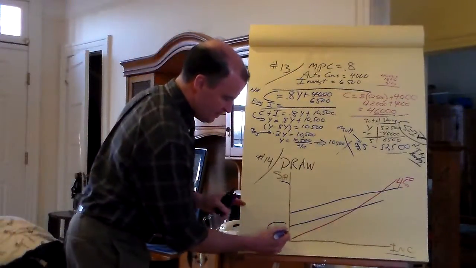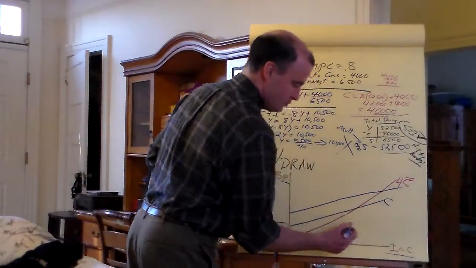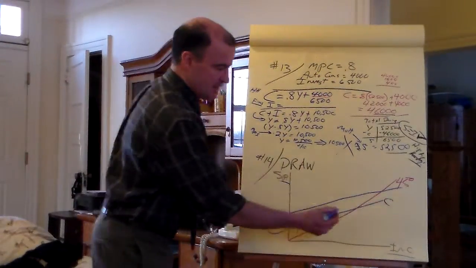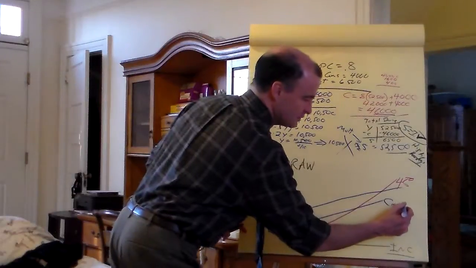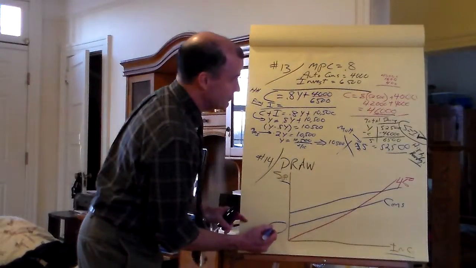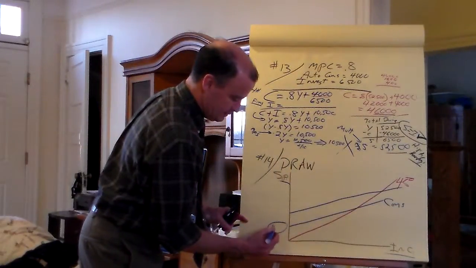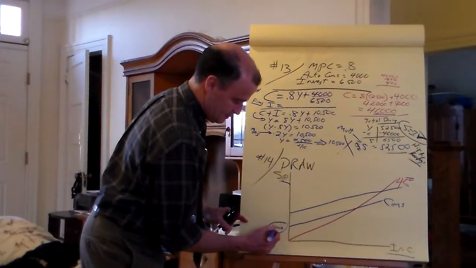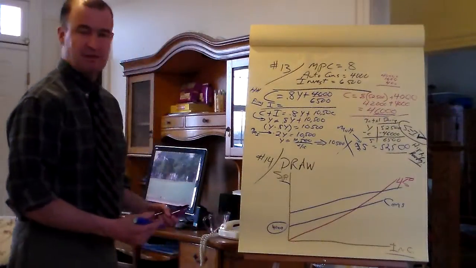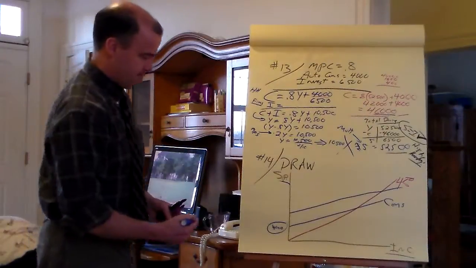I need a number here to correspond to the autonomous element in consumption. The lower line is consumption, so that's going to be 4,000.